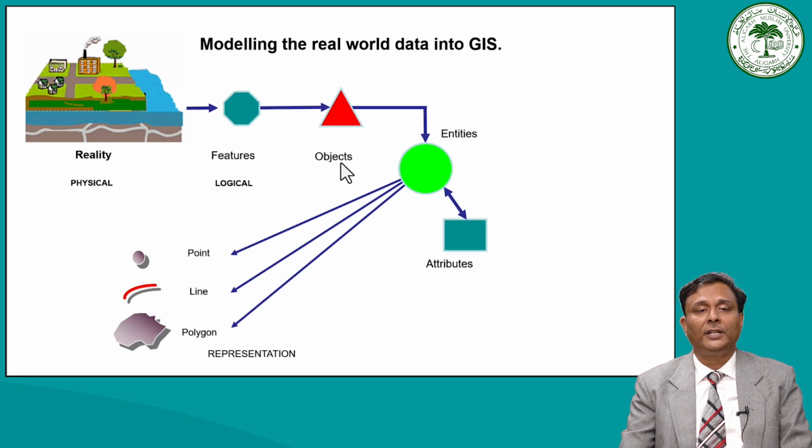So we visualize the ground realities, and depending on our perspective, we draw out certain features. We convert these features into objects or entities, and then attribute information is added to them, and finally the representation comes in the form of point, line and area entities.